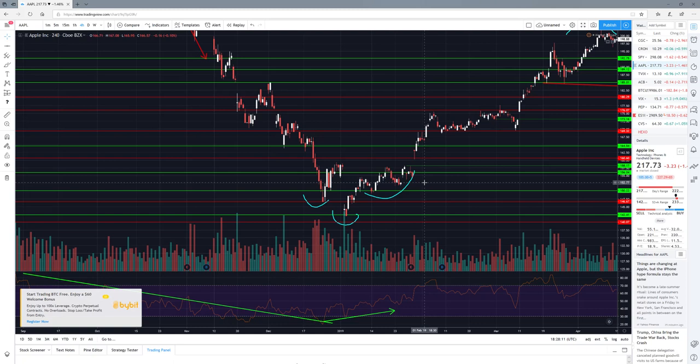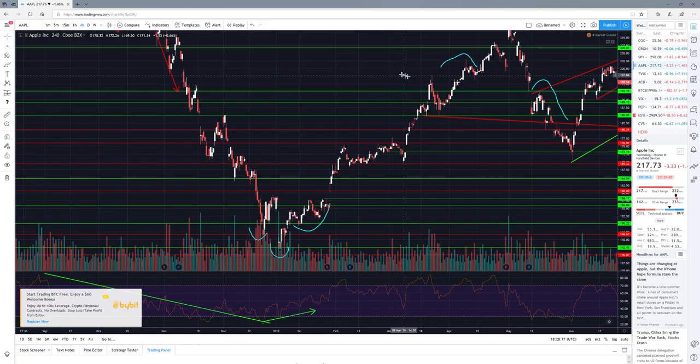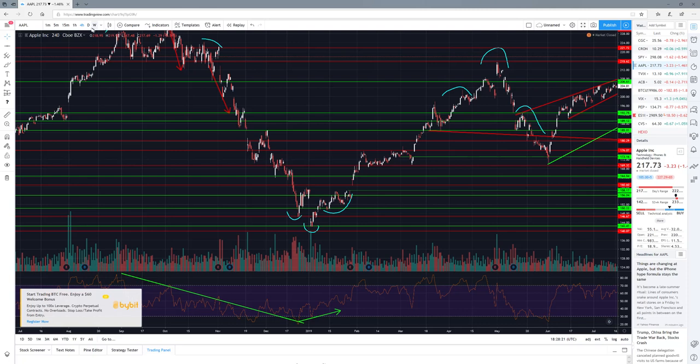If it doesn't hold, it's probably because it is bearish most of the time. So just take your stop loss.